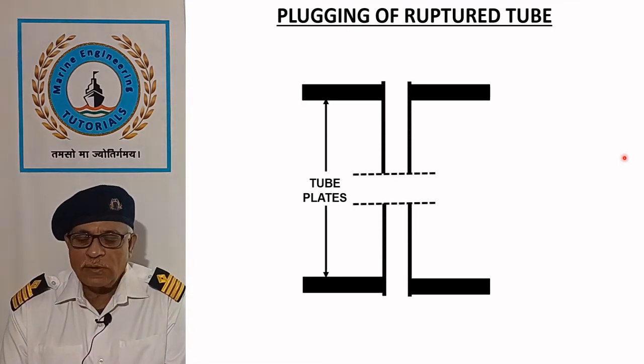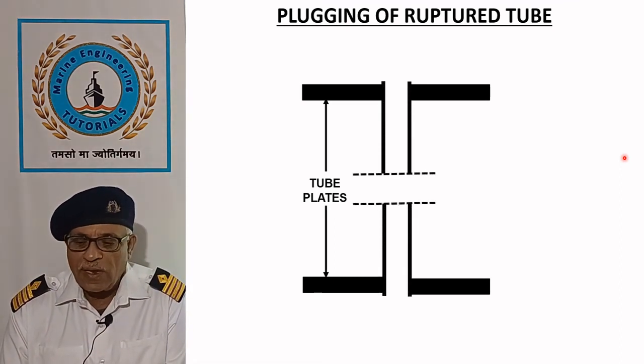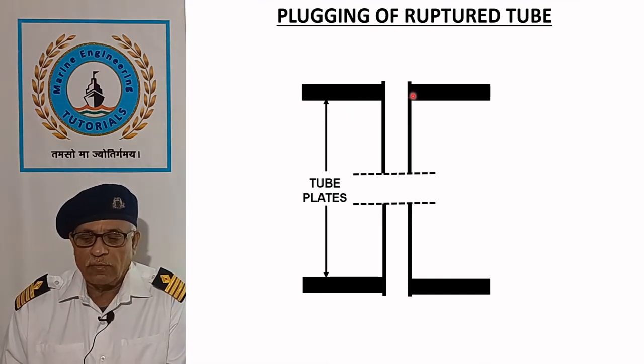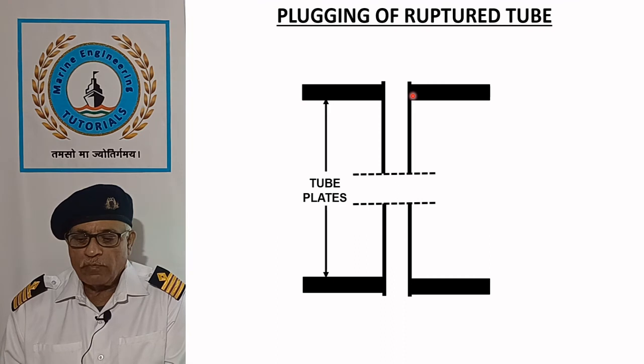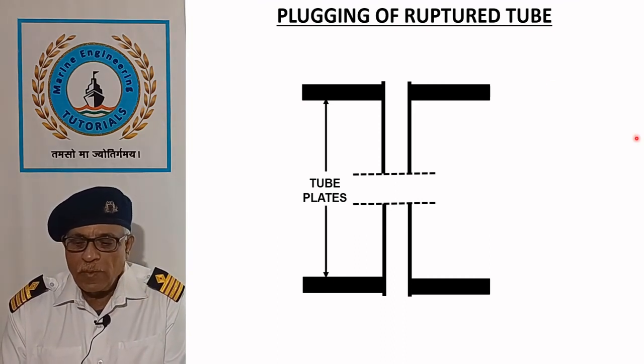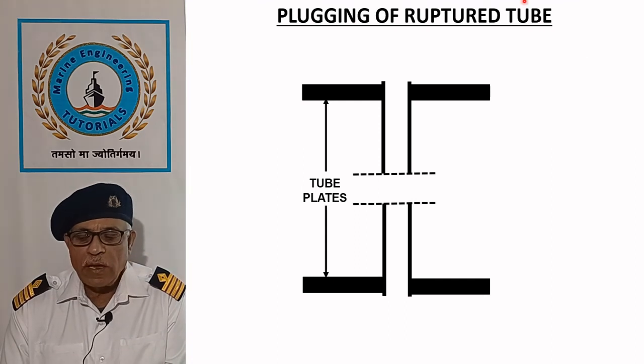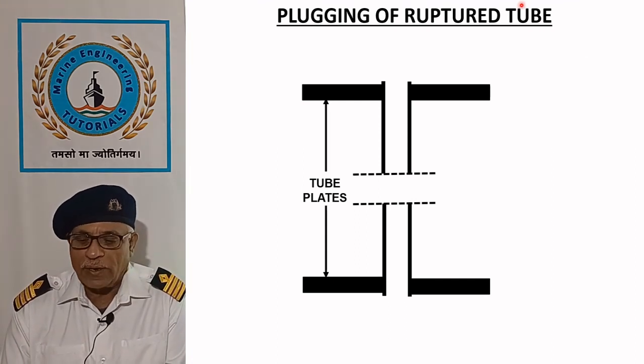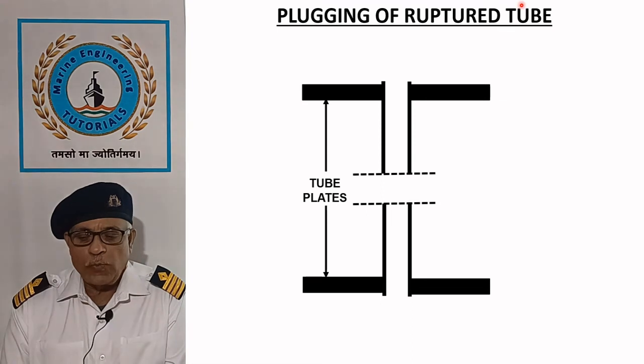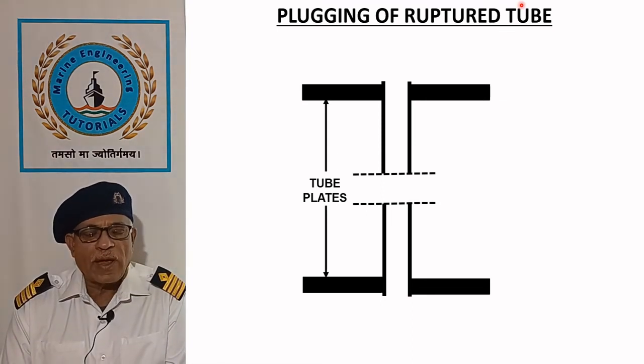In smoke tube boilers, smoke tubes are attached to flat tube plates by welding. In water tube boilers, tubes are usually attached to the tube plates by expansion and bell mounting, although superheater tubes may be attached by welding.